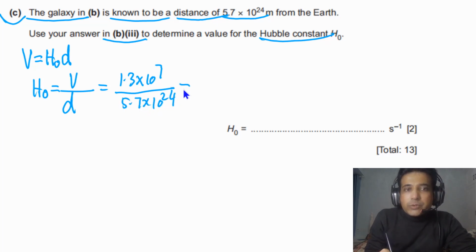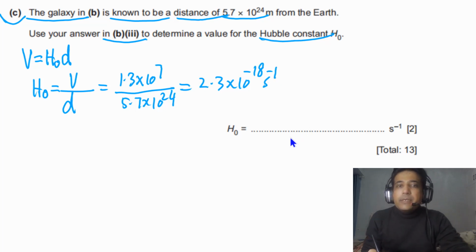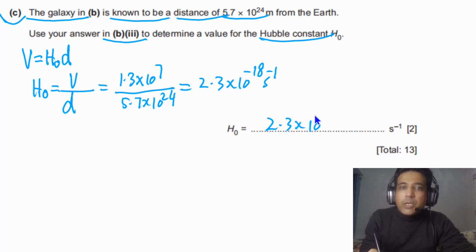In this case our final answer will be 2.3 times 10 to negative 18 per second. So this is the value for the Hubble constant, 2.3 times 10 to the minus 18. This is our final answer for Hubble's constant.